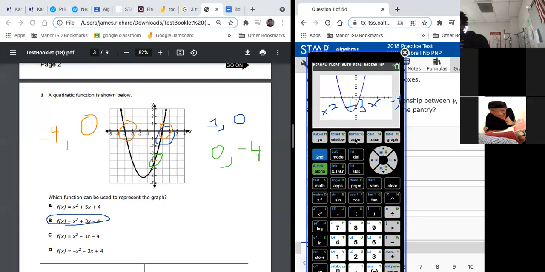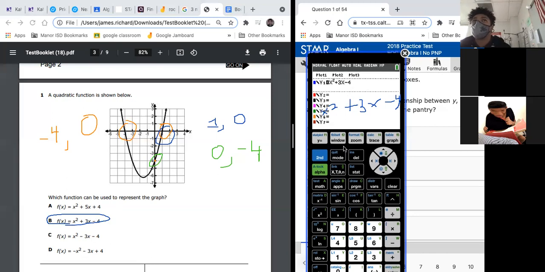And press graph. And surely enough, it looks pretty similar to B. It has a y-intercept around -4. So yeah, B is our answer. And if you wanted to just do it this way, you could just plug in every answer choice and see which one matches. That's another way to solve it. So there you have it. That's how you do a quadratic regression with 3 points from a graph.